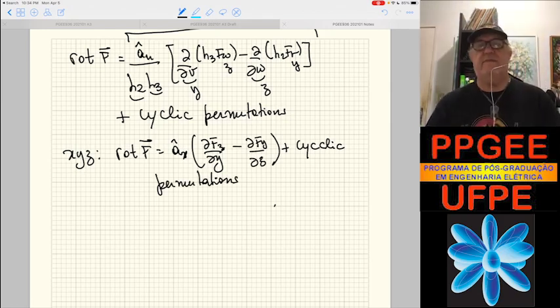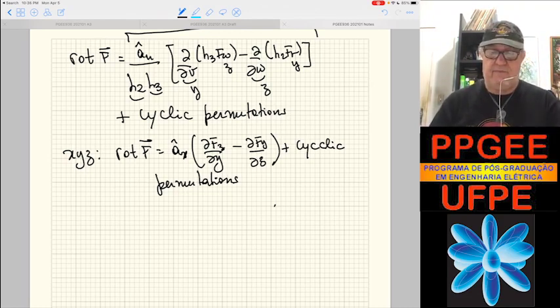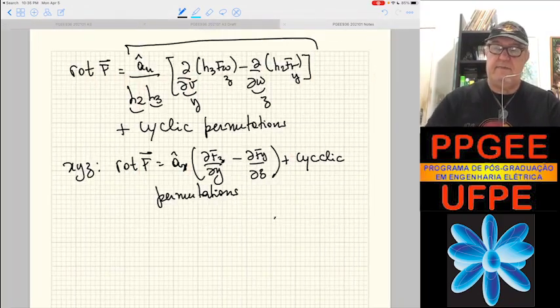Right? And so on. Then you use the H parameters for the other systems. So these are the expressions.